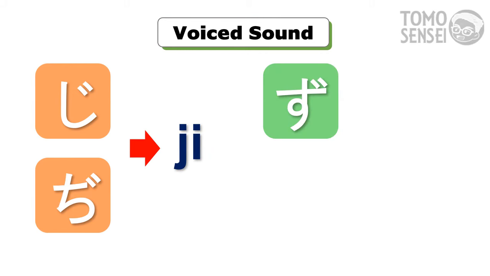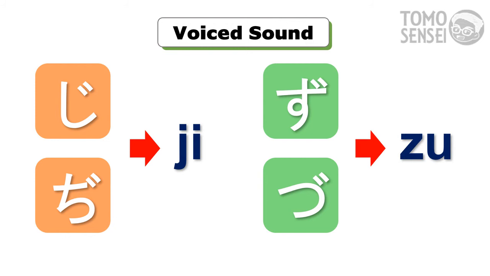Zu of the da column and zu of the za column are pronounced the same too. As we learned, every hiragana has each sound, but these are exceptions.